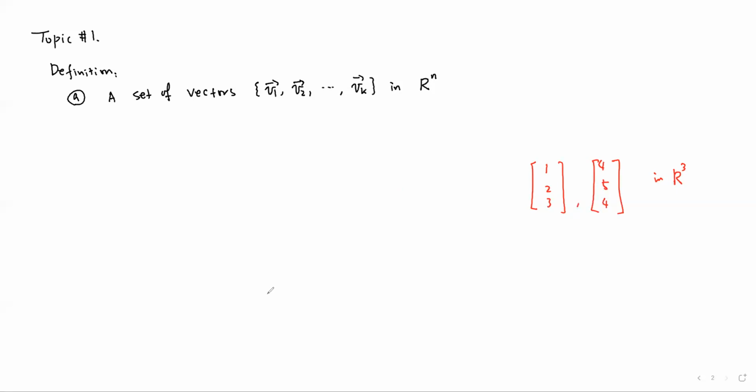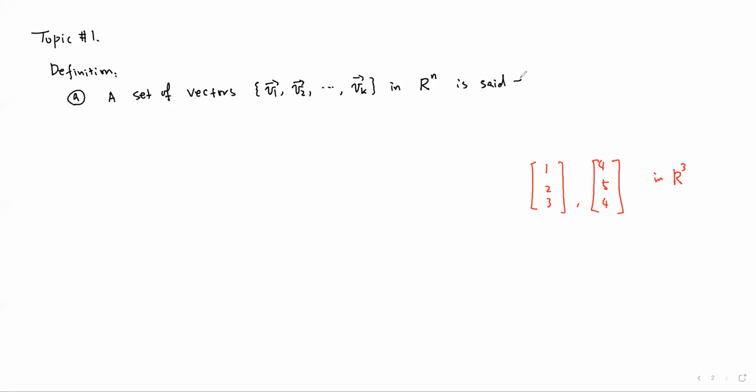Put these k vectors together, then we have a set. We say that this set is a linearly independent set. What does it mean?